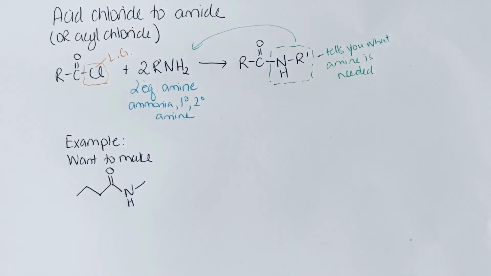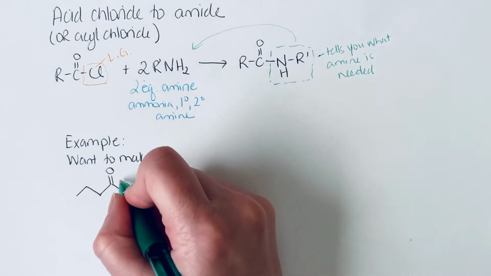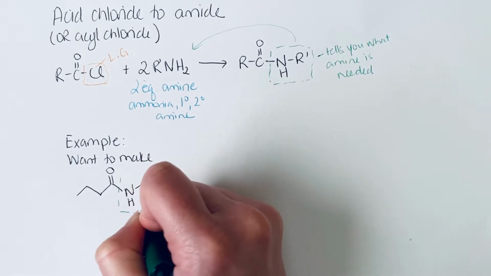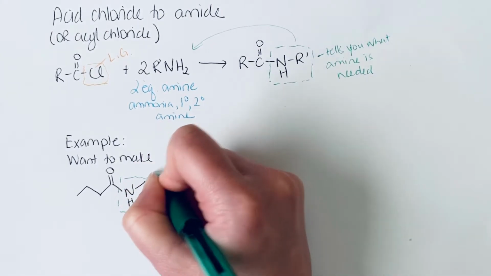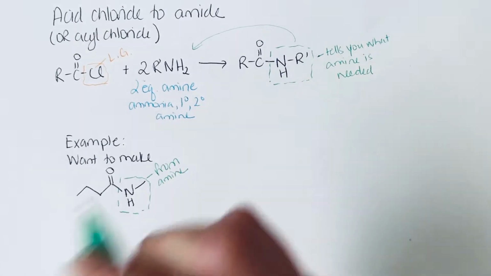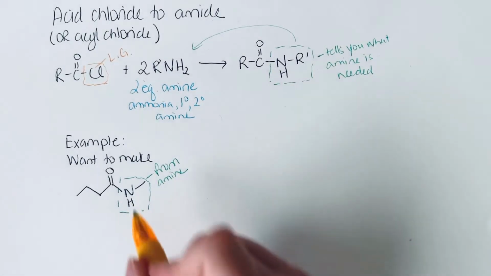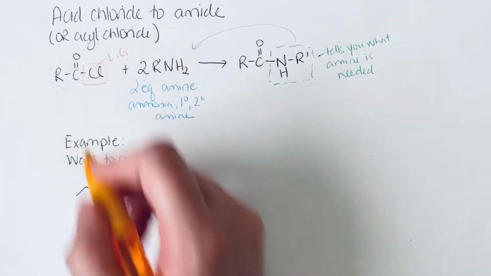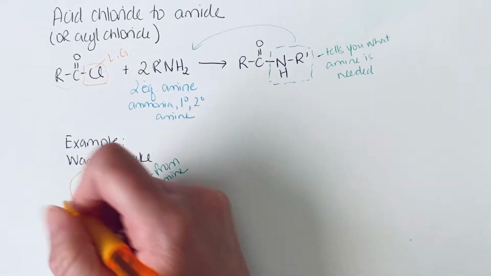So if we're going to break this down, we're going to say that this is the portion that's coming from the amine. And the portion that contains your carbonyl is clearly what's coming from that acid chloride.